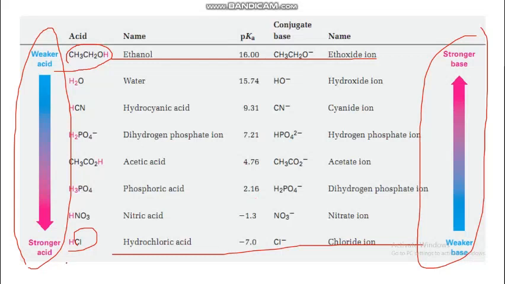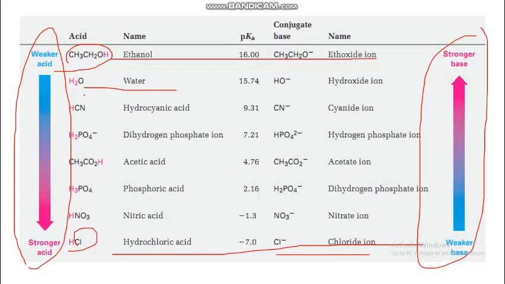So, masasabi natin na ang acid is strong if madali siyang magbigay ng hydrogen. So, ibig sabihin, yung conjugate base niya, nag-hold siya ng weaker hydrogen bond. Okay? So, a weak acid, kunyari ang weak acid natin is water.